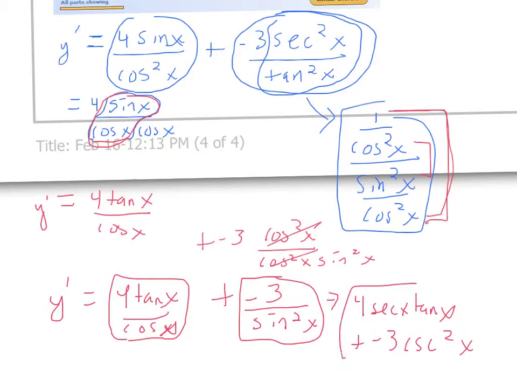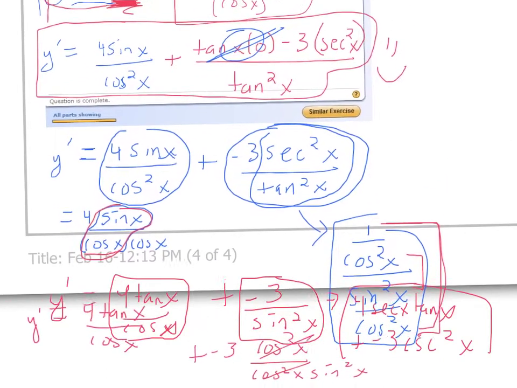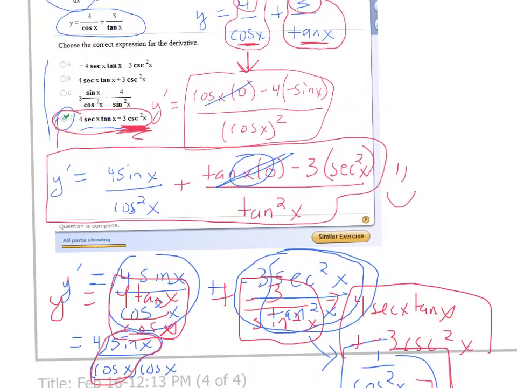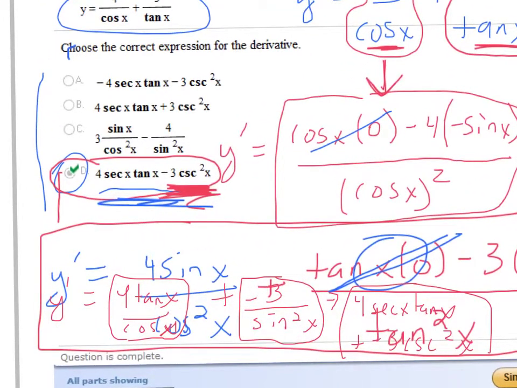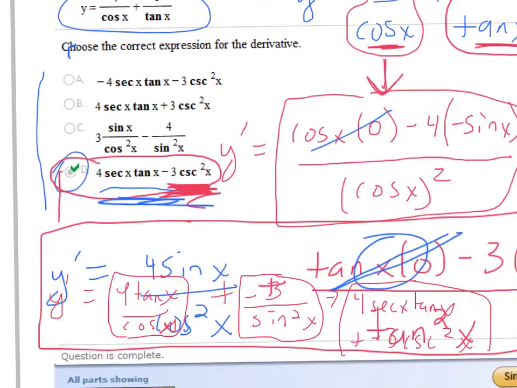So you have to translate a little bit to morph it into that final form of where the author has it. And let me go back to that. See? So the final form where the author has it, and I'll even zoom in. See that? They arrive at 4 secant x tangent x minus 3 cosecant squared x.